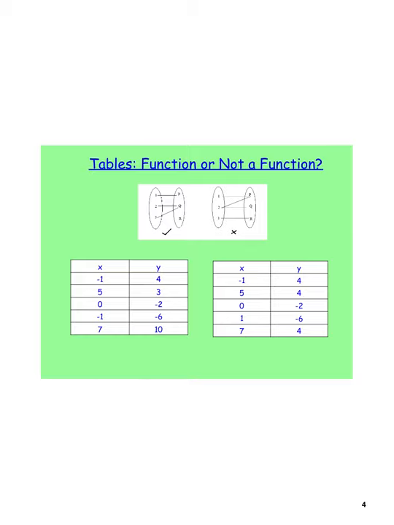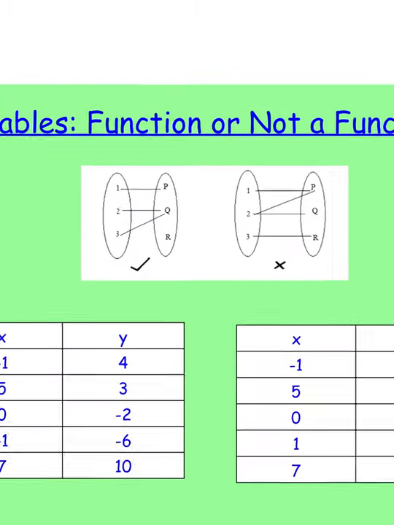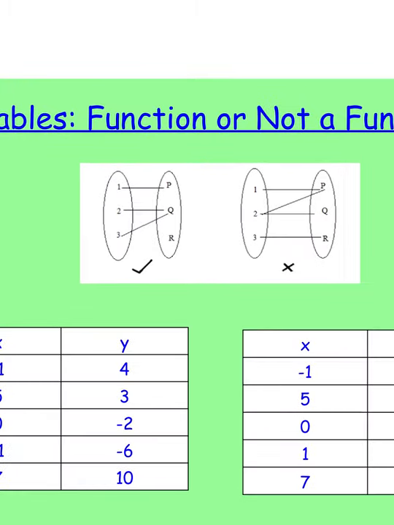So as you look at this, and I'll zoom in a little bit, you can see this on the left. This is considered a function because it is okay if both 2 and 3 lead to the same value. It just so happens that the machine that you put the 2 and the 3 into churned out the same result.